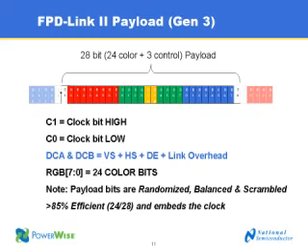We're starting off with the clock 1 and clock 0 bits, and those provide the transition so that the deserializer can extract the clock. We also have the DCA and DCB bits, which are the overhead bits we've had before, but now we're adding something to them. We're including the vertical sync, horizontal sync, and data enable signals embedded within the transitions of the DCA and DCB bits.